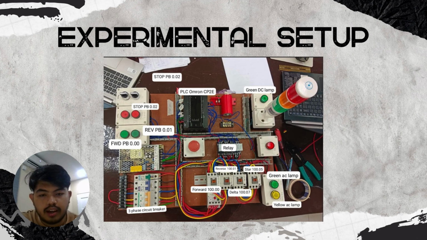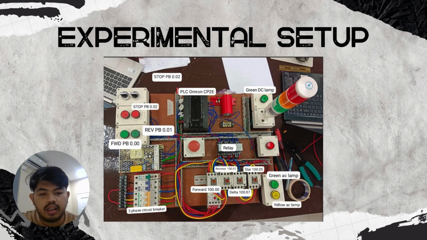We also have four relays for this experimental setup. We have the forward contactor, which is addressed as 100.00, the reverse contactor 100.01, and the star contactor we address as 100.05.